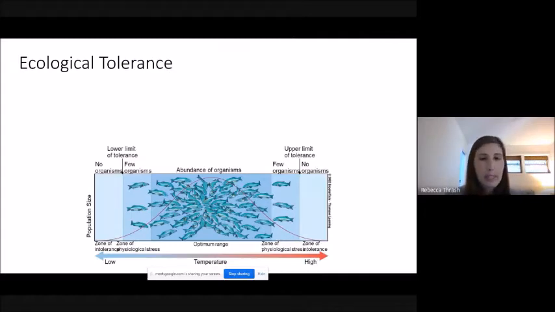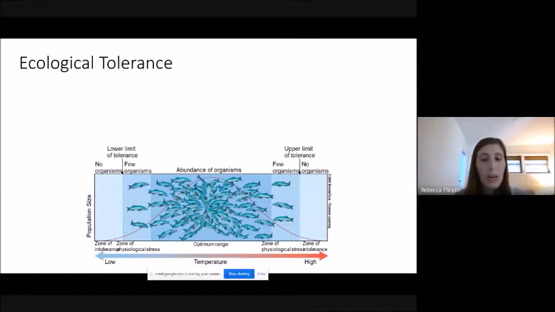So this leads us to the next question about what determines biodiversity of an area. This is also something that I brought up in the first week of review, and that is ecological tolerance. You may remember this diagram of fish and their optimum temperature range. Just to review this idea, all populations, all species have abiotic factors that they can exist in, and it's usually some type of range.